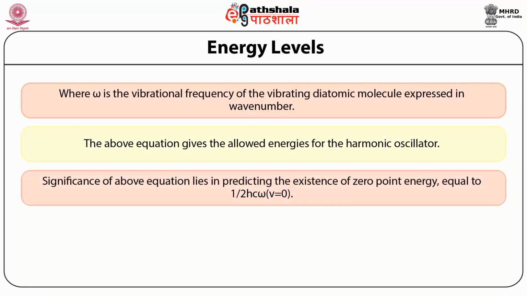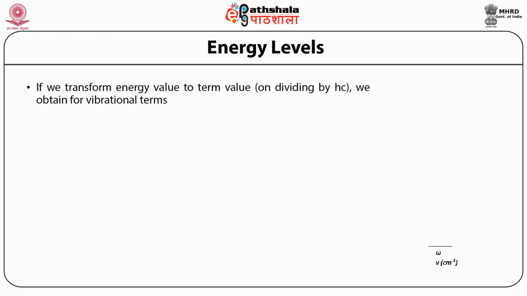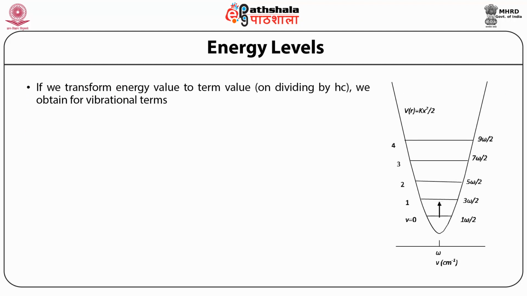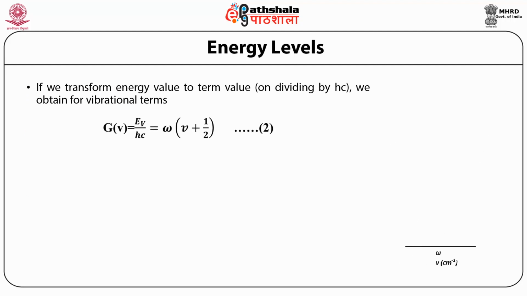This equation gives the allowed energies for the harmonic oscillator. The significance of this equation lies in predicting the existence of zero-point energy equal to ½hcω at ν = 0. If we transform the energy value to a term value by dividing by hc, we obtain for vibration terms G(ν) = E_ν/hc = ω(ν + 1/2).